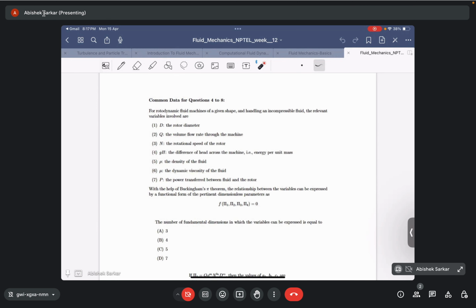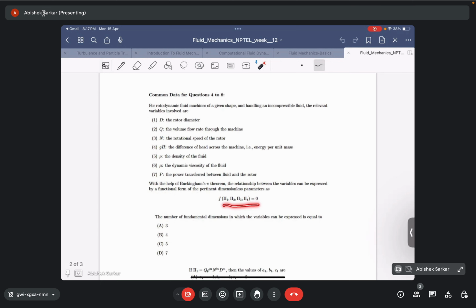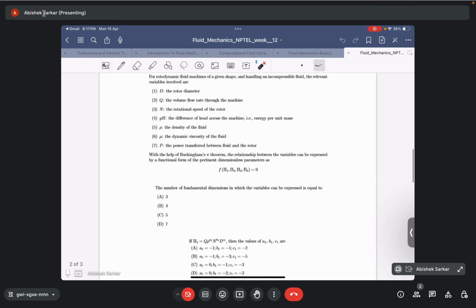With the help of Buckingham's pi theorem, the relationship between the variables can be expressed by a functional form of the pertinent dimensional parameters as f of pi 1, pi 2, pi 3, pi 4 equal to 0. So they are basically telling us that there are 4 non-dimensional numbers here. The number of fundamental dimensions in which the variables can be expressed is equal to c.